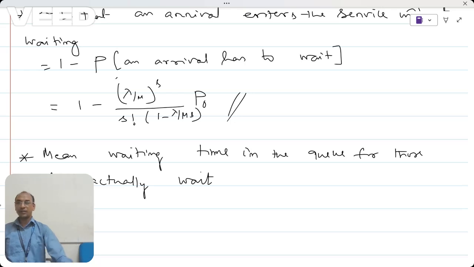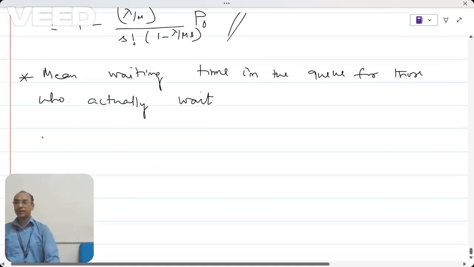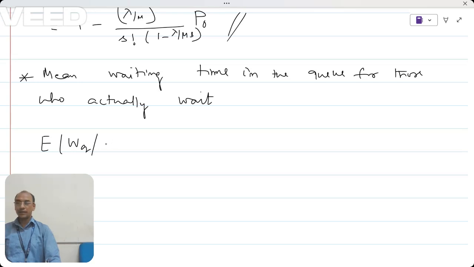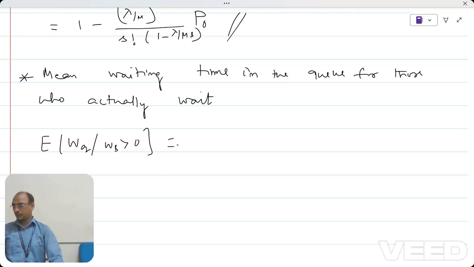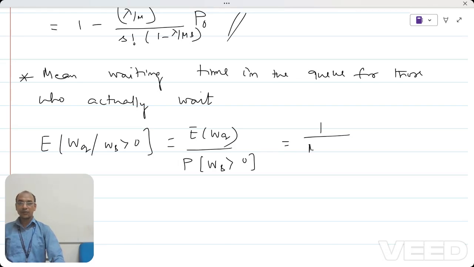So that will be nothing but E of WQ given WS greater than 0, and so that will be nothing but E of WQ divided by probability of WS greater than 0. And if you put in all the values and simplify, you will get 1 by mu s minus lambda, the mean waiting time in the queue for those who actually wait.